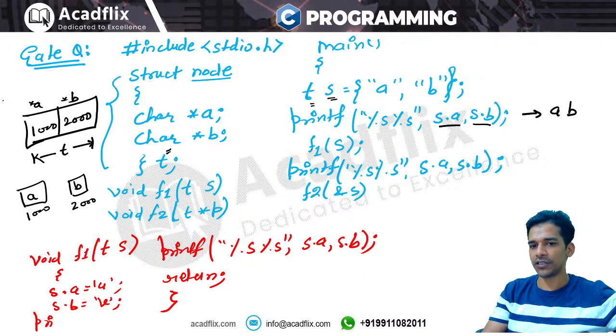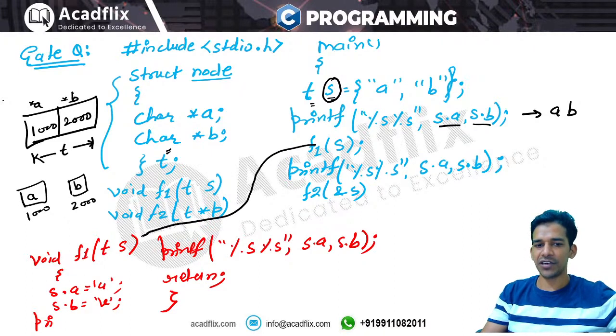Then you will go to the function; this is saying call the function f1 with the variable s. That means you called function f1 with the structure, so here the structure will be passed. This structure s is being passed to this function, and we have declared a variable s, so we have a local variable here.